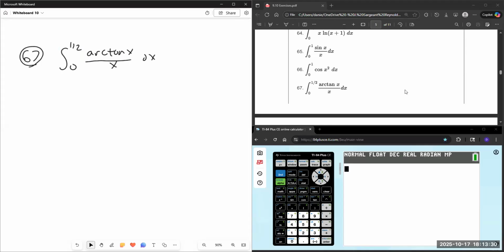But let's go ahead and use our definite integral here along with our power series.